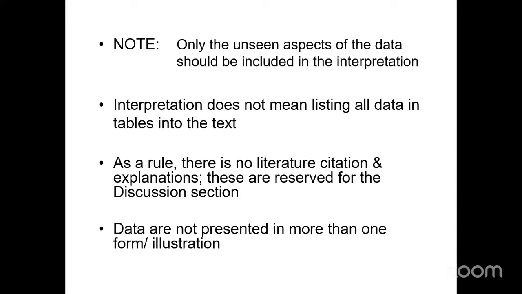Like Paul said, when we are presenting the results, we don't put citations. We don't put explanations. We don't put answers to things like, so what? And the so what question will quickly lead you to a citation. So once you see that, you know you are now mixing up discussion with the results.